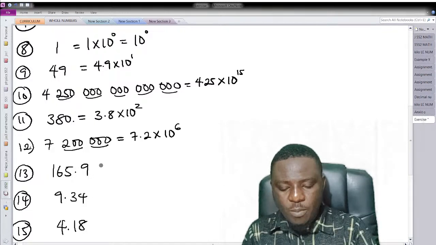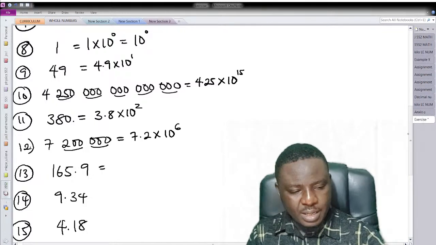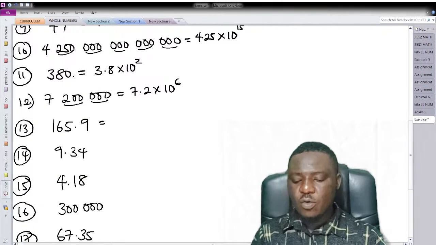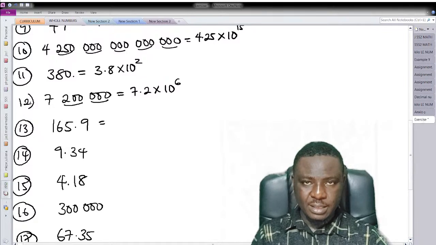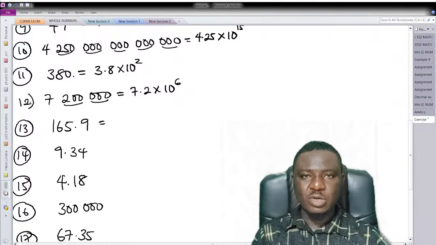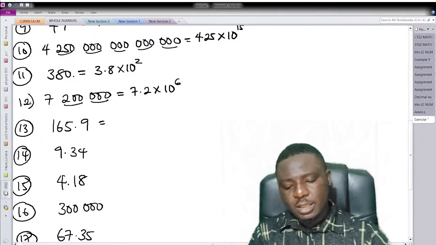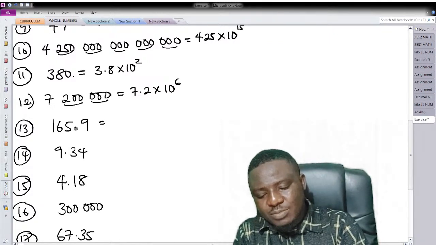Then for number 13, we have 165.9. Now this is a fraction, but it's also of a number greater than 1. This can be expressed moving the decimal point.